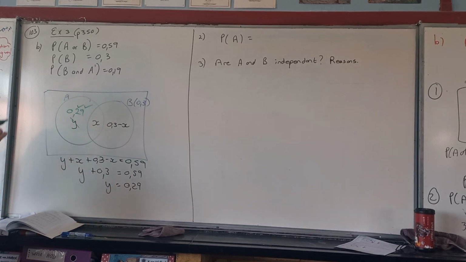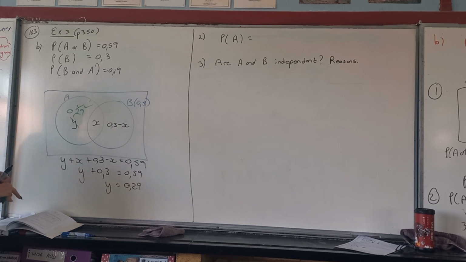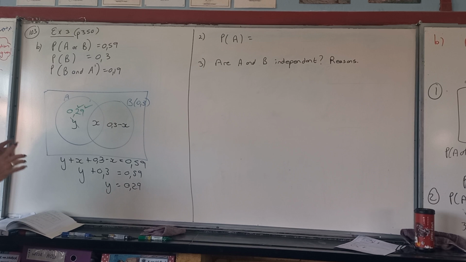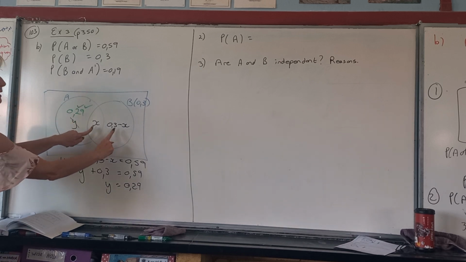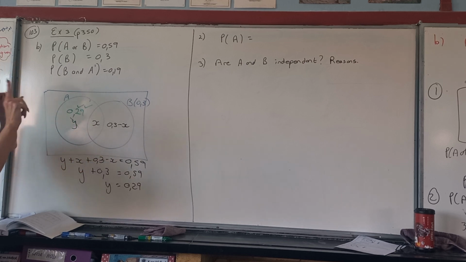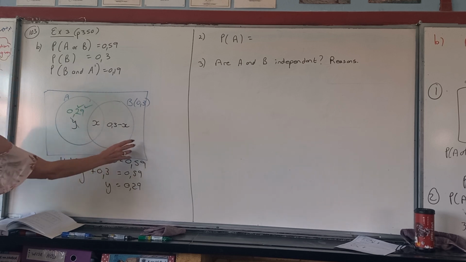So now at least I know what that is. Now I know that all of them together must be 0.59, that's fantastic. But now what is the B and not A? Where's the B? B is 0,3, are you with me? That's the B. Where's the not A? Also B. But what about here?